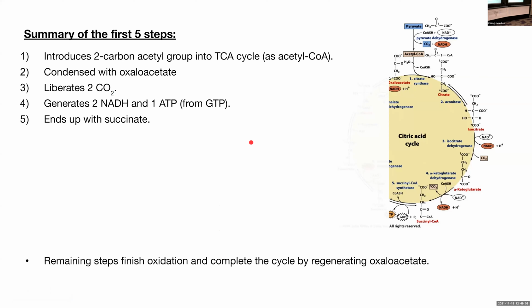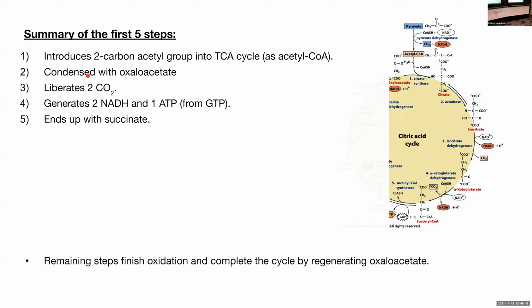So far we just talked about the first 5 steps of the TCA cycle, starting from the acetyl-CoA that was generated from the transition of pyruvate to acetyl-CoA by the PDH complex, going through all the intermediates and generating the other products to become succinate in step 5.